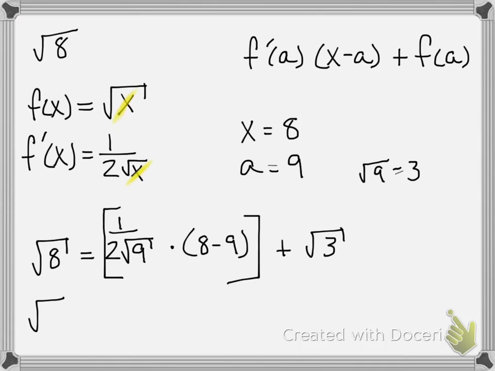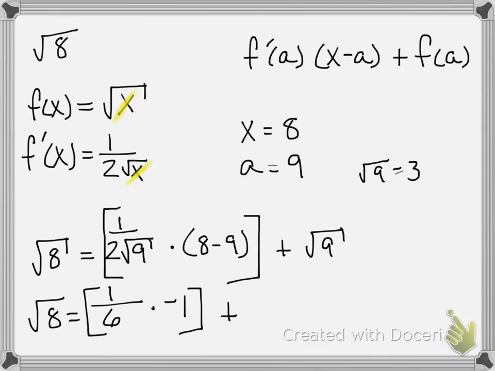So the square root of 8 is equal to 1 over 2 times the square root of 9, which is just 1 over 2 times 3, which is 6, times negative 1 plus, I'm sorry, that's actually radical 9.